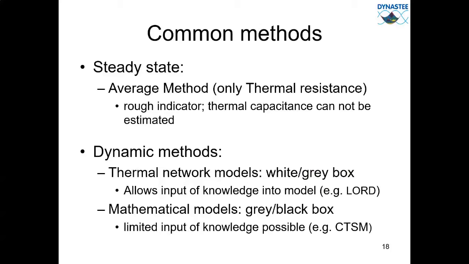Concerning dynamic methods, we will discuss during the upcoming 6 presentations thermal networks, LORD, that will be presented after my presentation by Paul Baker. And we will consider also statistical models, gray box models, that will be presented later in the webinars, for example, the CTSM.